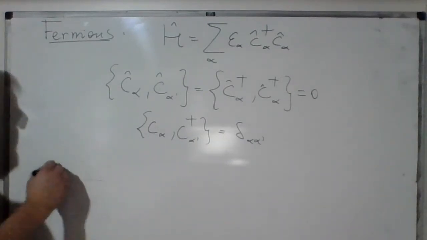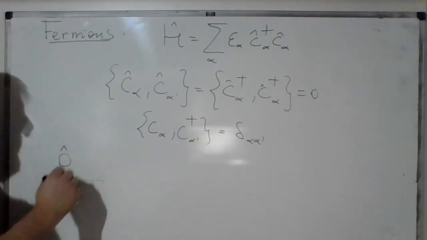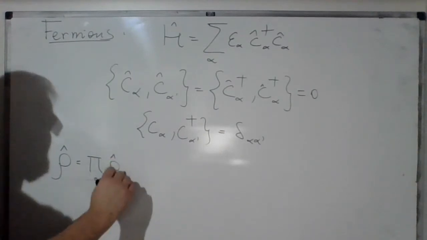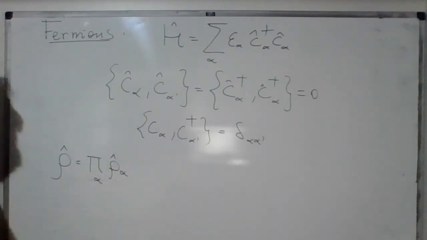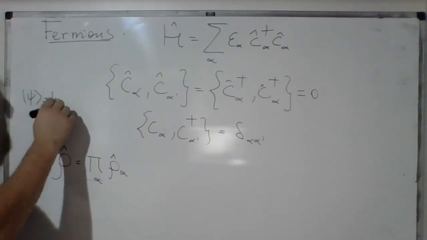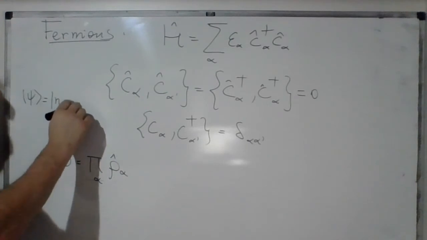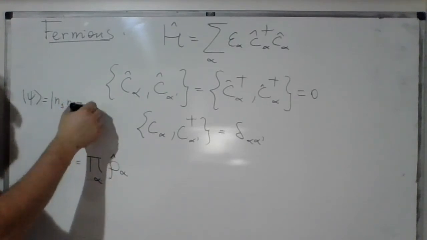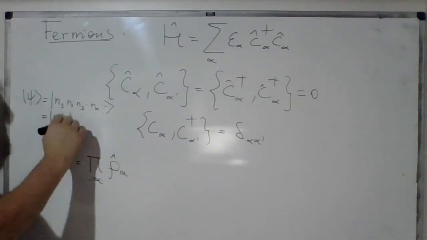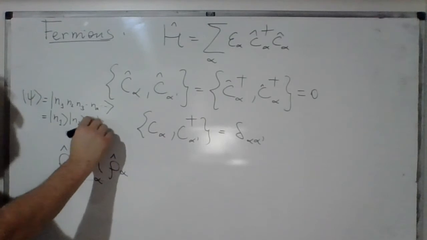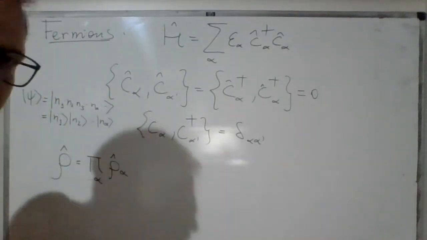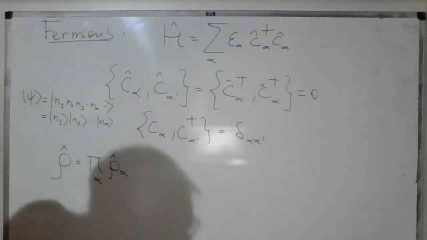You can set that the density matrix is a product over alphas, the density matrix over a given alpha. You are also considering that the size of the system corresponds to n1, n2, n3, a given number at the alpha state. All right, so this is a product state, same as for bosons, which we discussed previously.